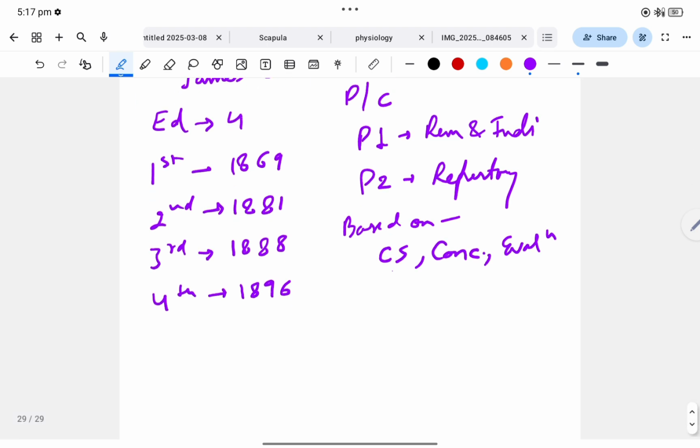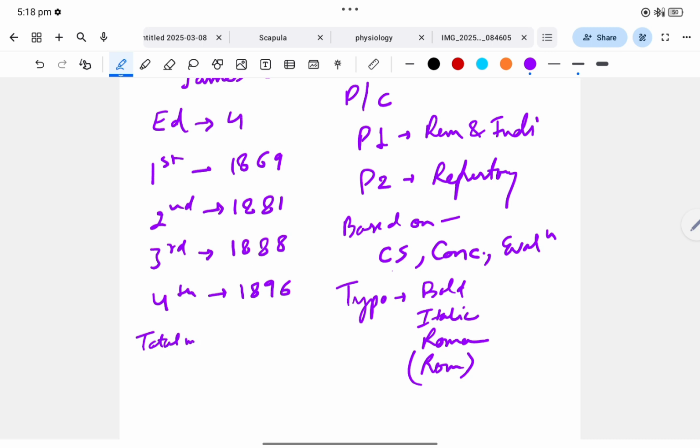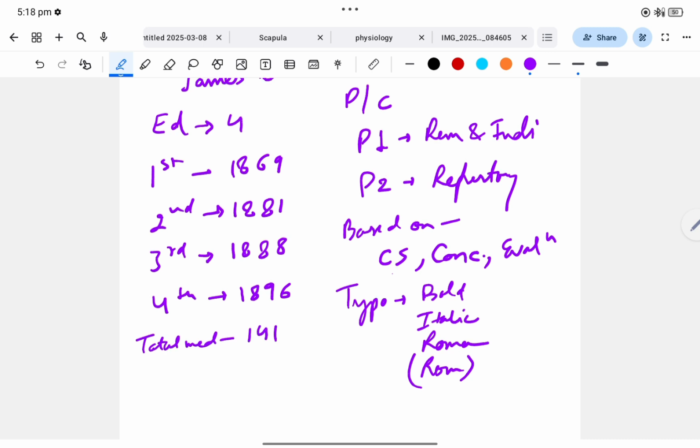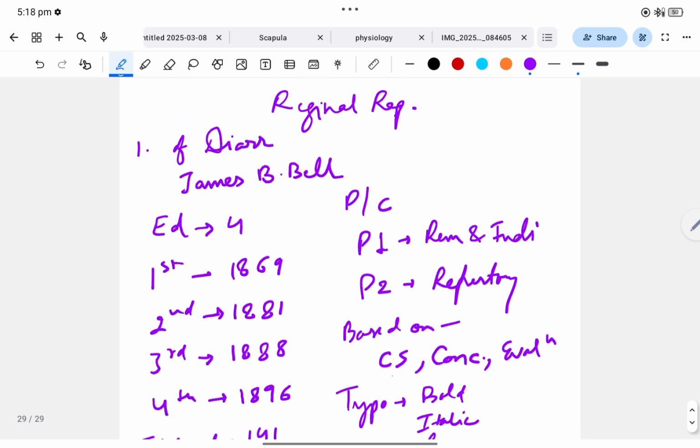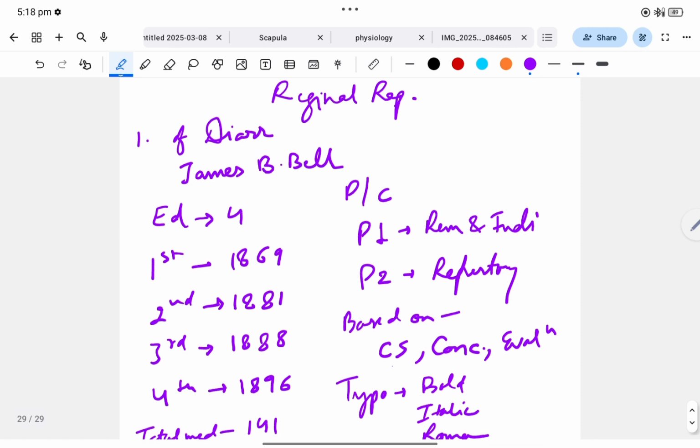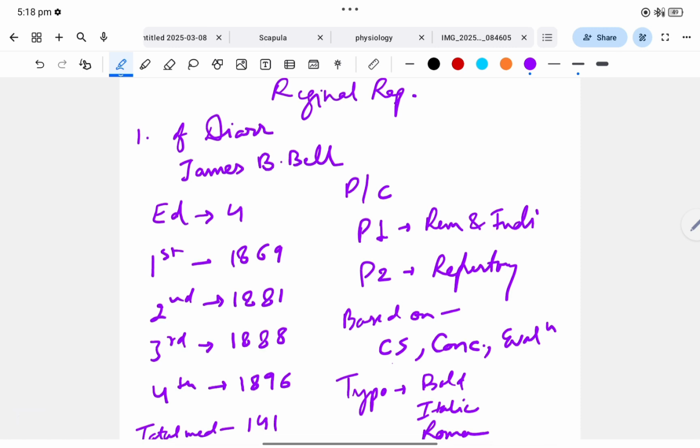Then typographies are, that is gradations, bold, italic, Roman, and Roman bracket. And total number of medicines in this book is 141. That's all the important points of regional repertory which is on diarrhea.